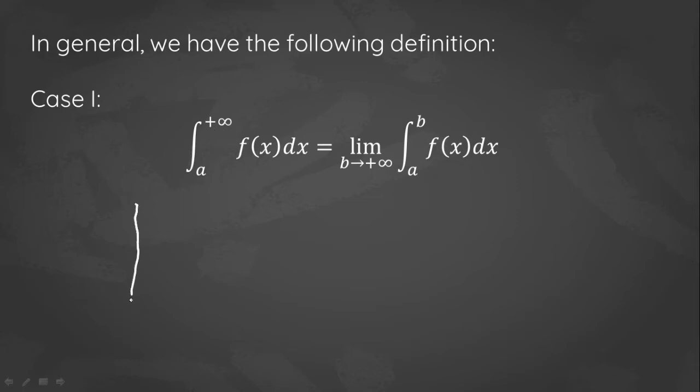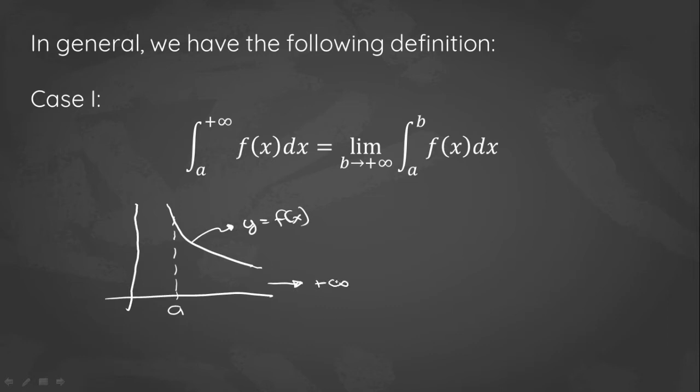So if we have a graph here and a function which is y or f of x, from the definition of the definite integral, we can get the area bounded by this curve by getting its lower and upper limits. In our first case, our lower limit is equal to a, and our upper limit is bounded to positive infinity.